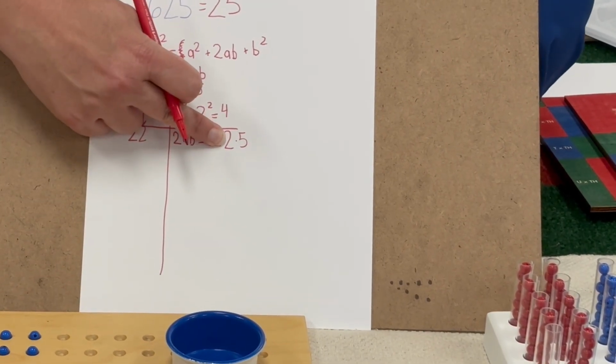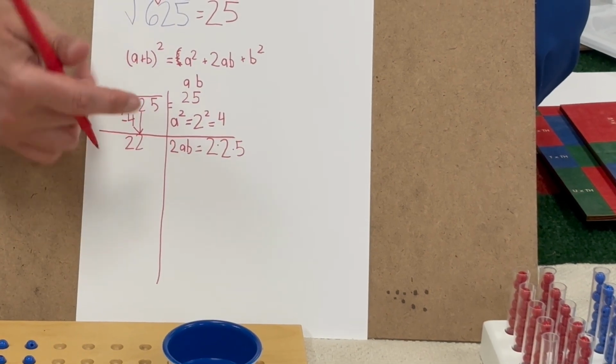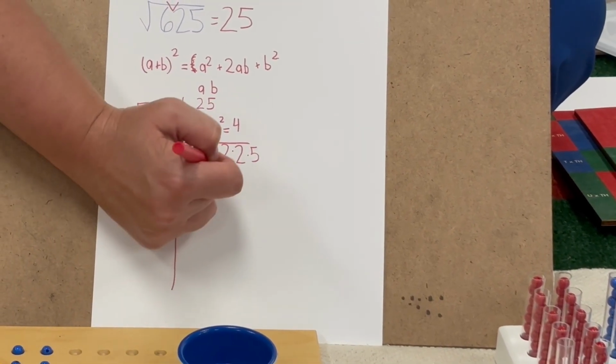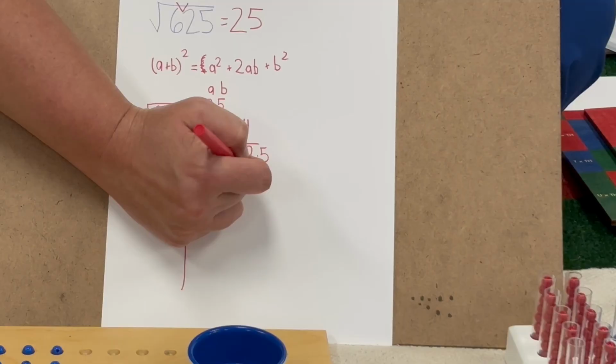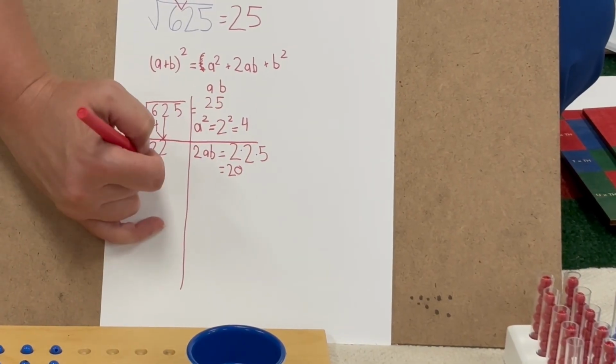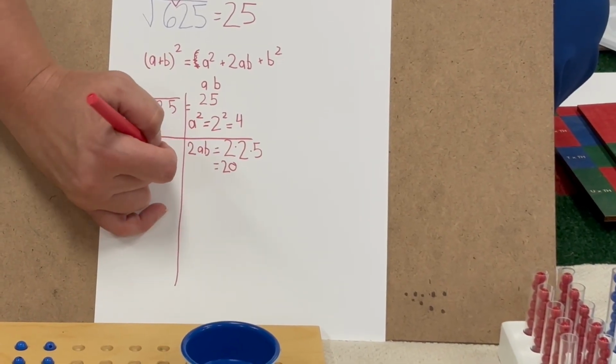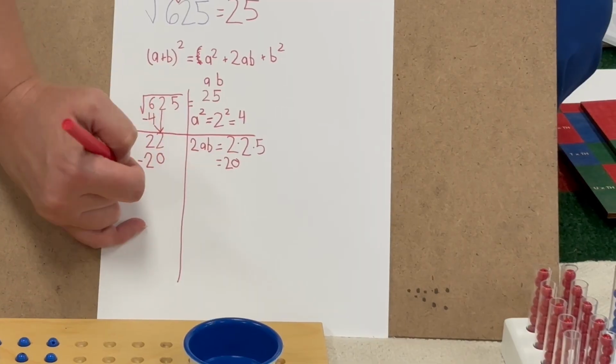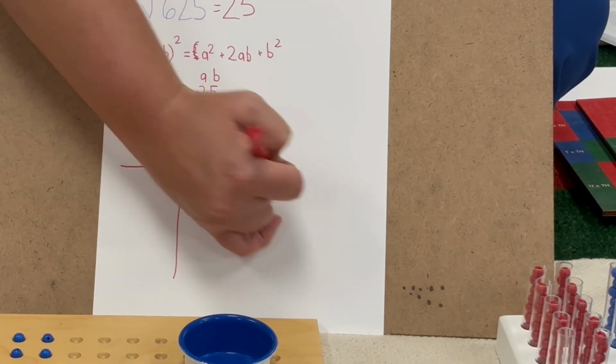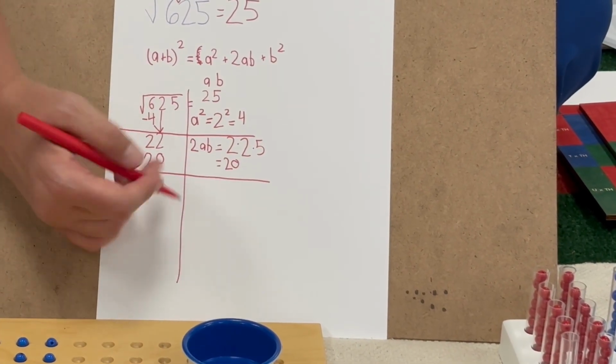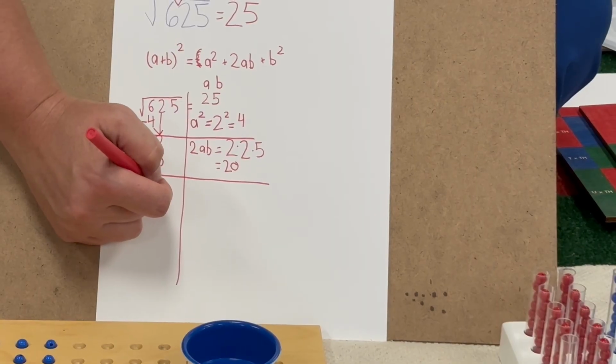So 2 times 2 is 4. 4 times 5 is 20. So we're going to write down 20 right here. We'll subtract. Bring that line all the way across. 22 minus 20 is 2.